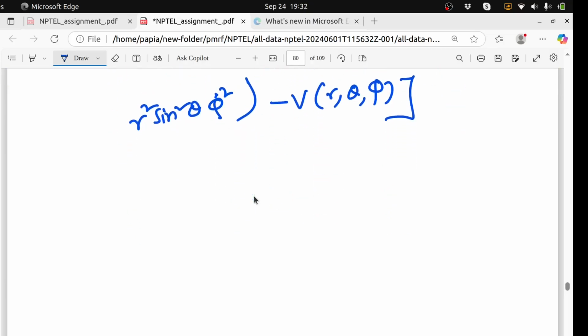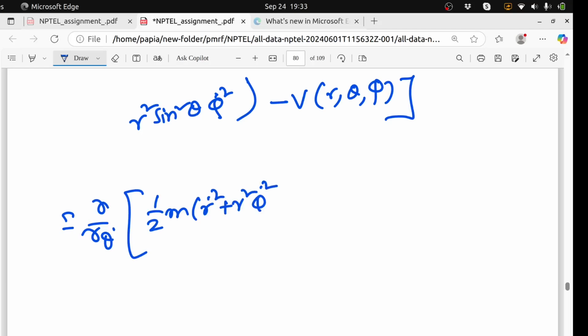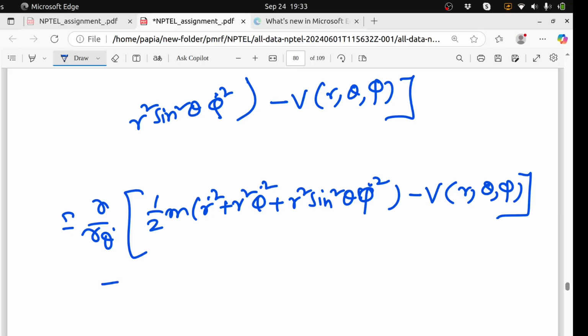So now we can see that theta dot, this one is the only function of theta dot, which is r squared theta dot squared, and all others are totally independent of theta dot.